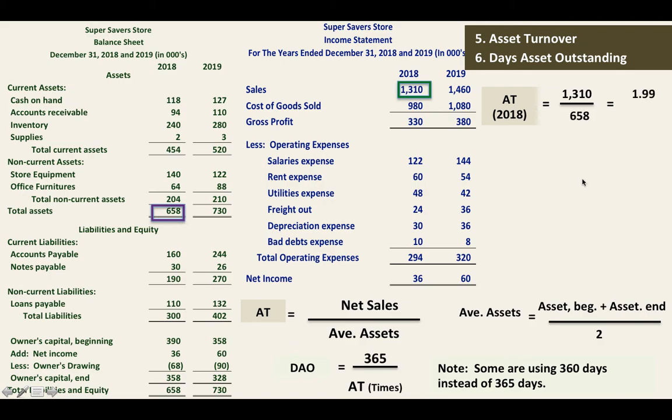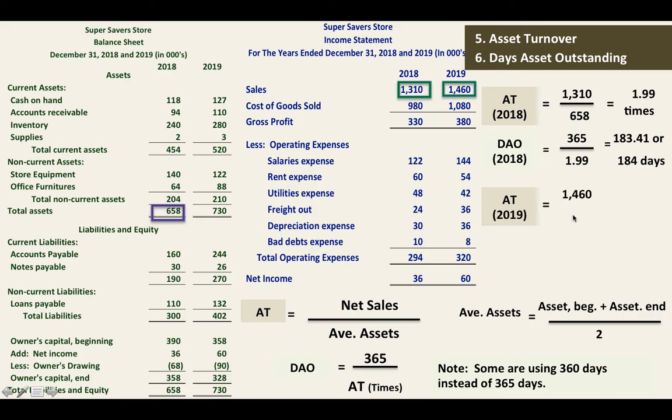So with that, we will get 1.99 times. And then the days asset outstanding will be 365 days divided by this 1.99 times. It will give you 183.41 or 184 days.